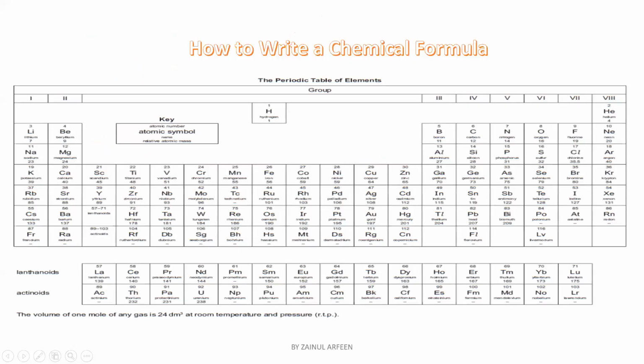As you can see on a periodic table, this is group 1, group 2 and group 3. So when I draw the staircase line, this is a staircase. And on the left hand side, I have elements which are metals.